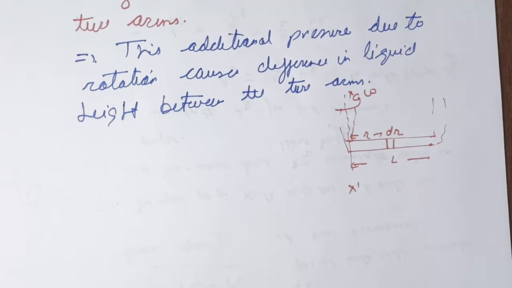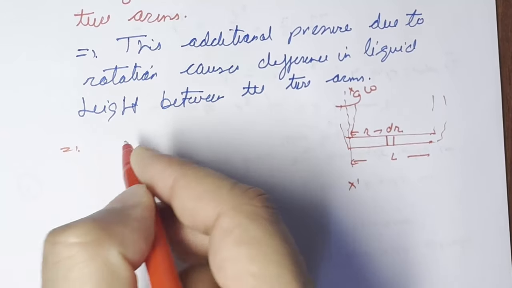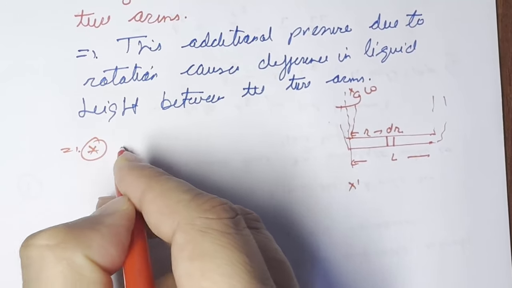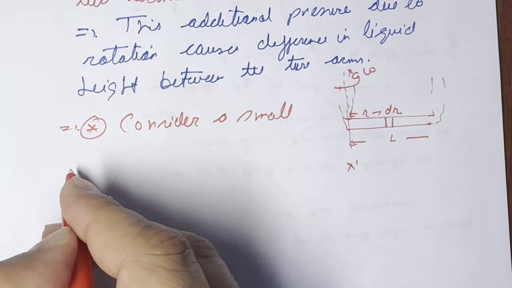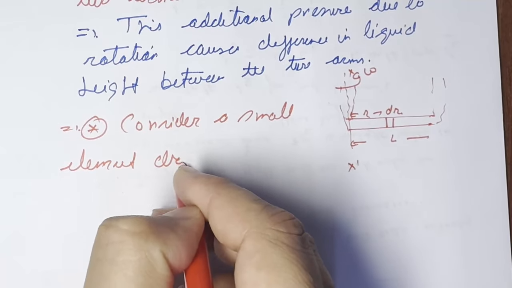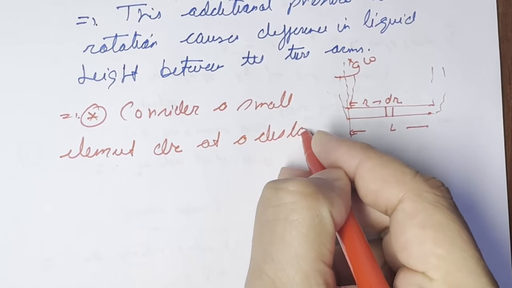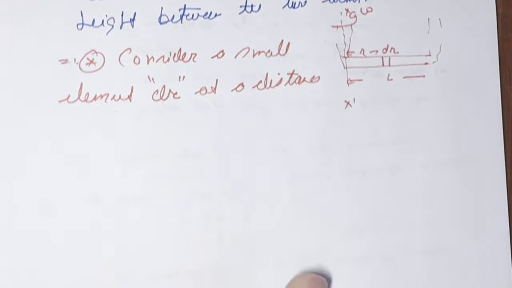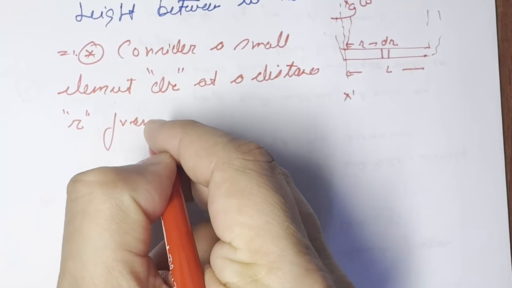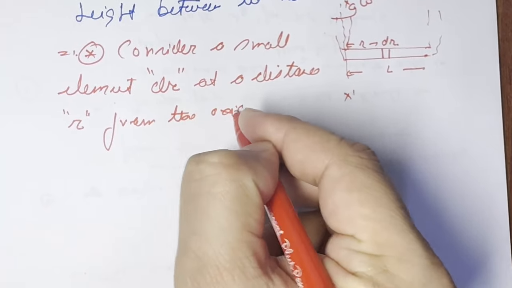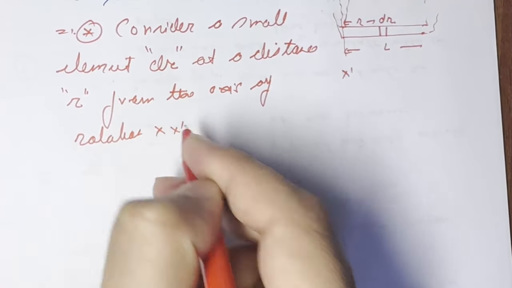So we say, for a small element, consider a small element dr at a distance r from the axis of rotation, x prime.